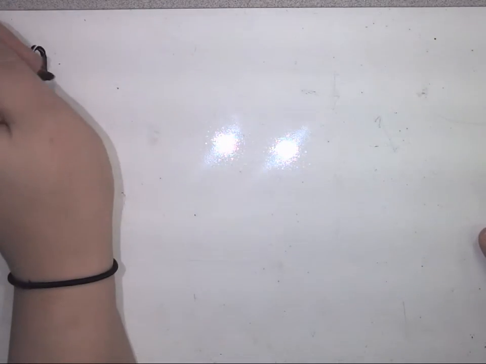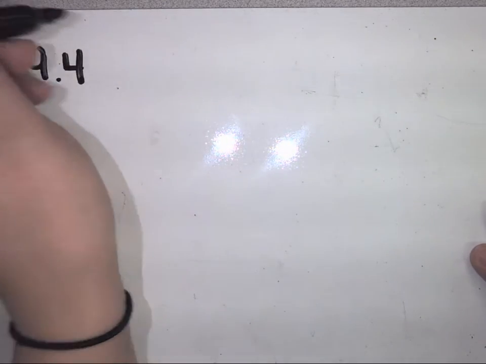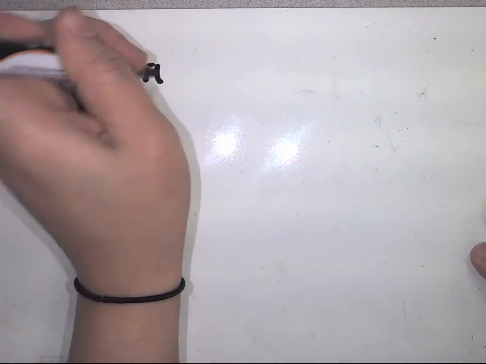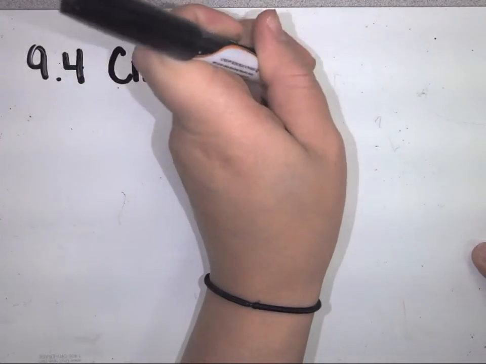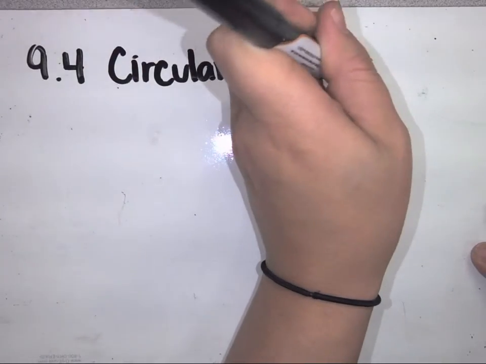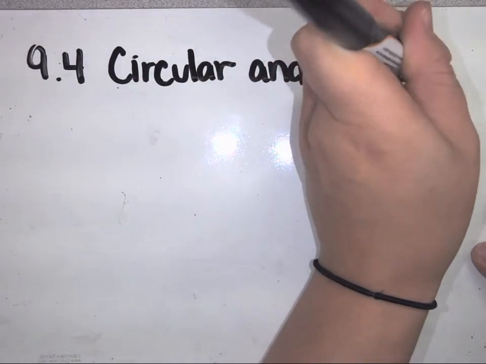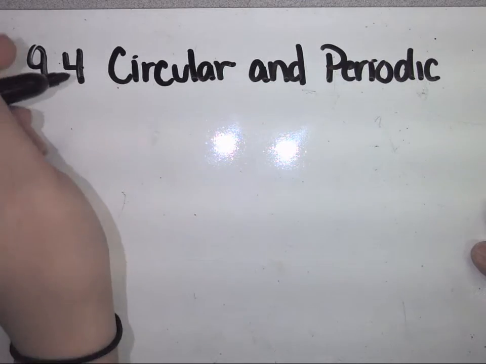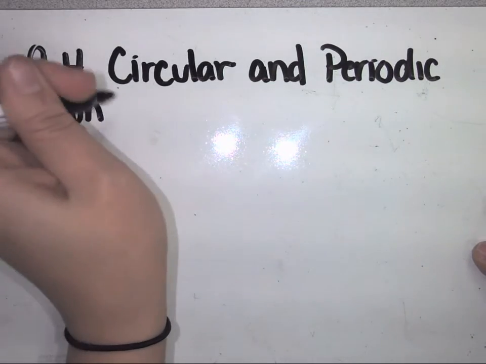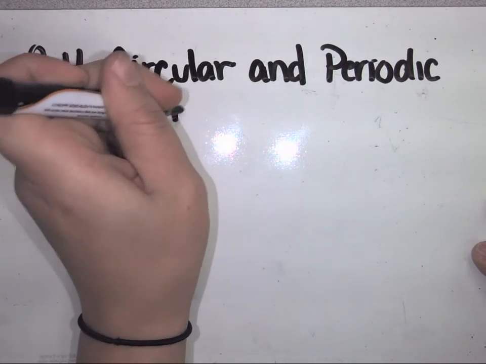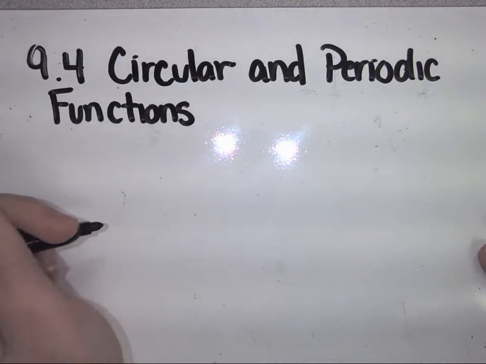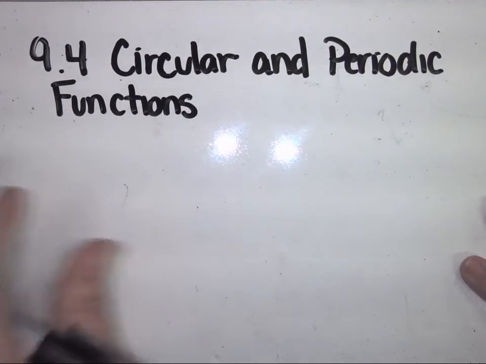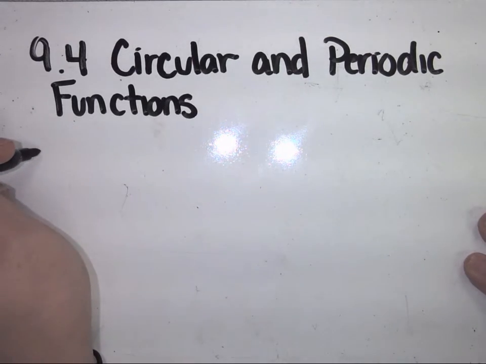Okay, so the title is 9.4, Circular and Periodic Functions. Okay, so the first thing, and we've already talked about this, we're going to do a little bit about the unit circle.